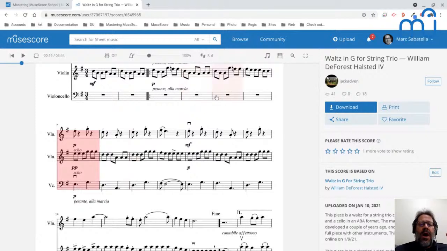But then as we go on, right, so the cello comes in also basically duplicating what the melody is doing. So we have three parts that are all, in some sense, doing what the melody is doing.